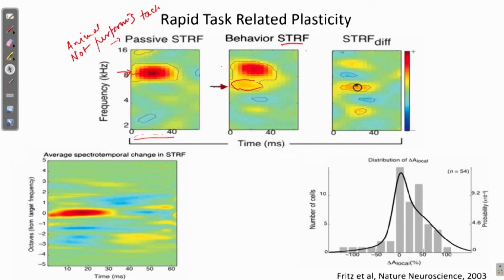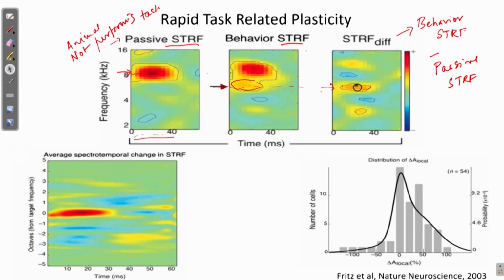Now, if one looks at the difference between these two STRFs, that is the behavior STRF minus the passive STRF, this is the STRF difference. What you see is a clear enhancement of the frequency that was supposed to be detected.